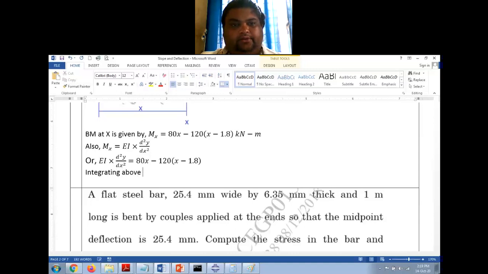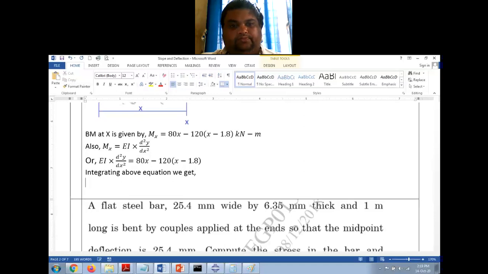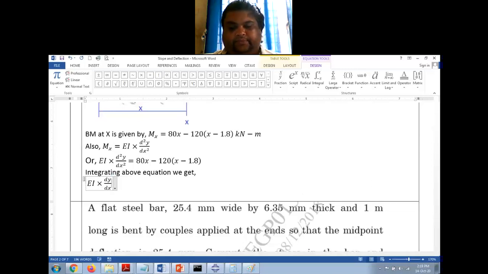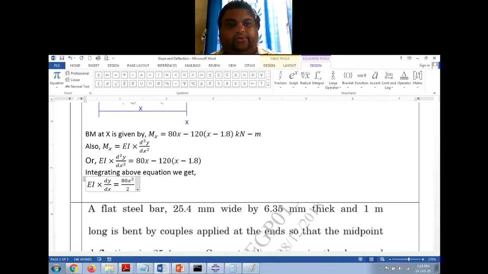Integrating the equation, we get EI remains as it is. So EI into d square y by dx square will become dy by dx, and that is equal to 80x will become 80x square by 2, correct?